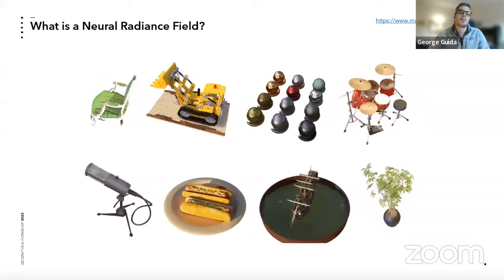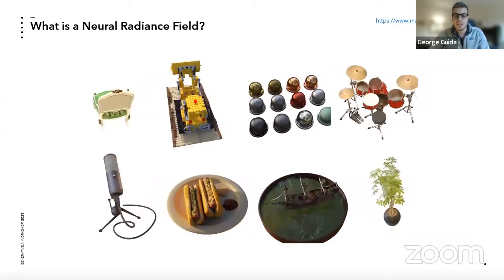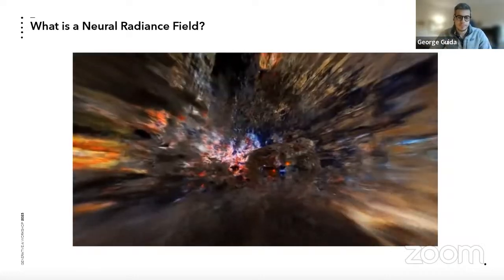Neural radiance fields, NeRF for short, is essentially a neural network which is trained to generate a set of new 3D images or a 3D representation, for example, of an object based on a set of mostly limited 2D images. So it takes input images of a scene and interpolates between these images in order to generate a complete scene.